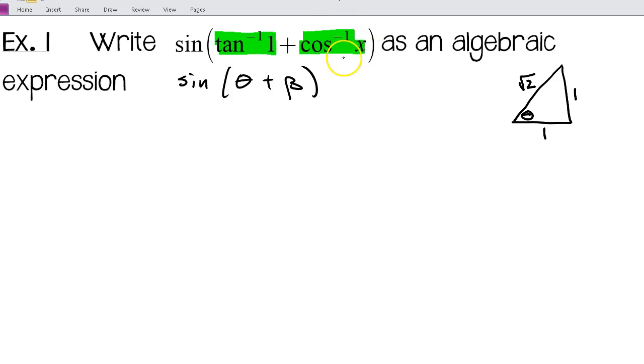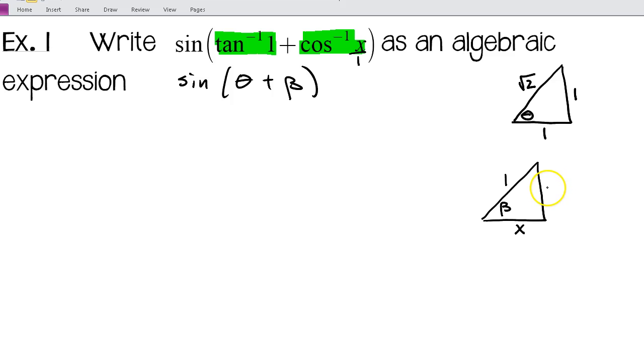Then I have another triangle over here whose cosine is x, or x over 1. This is some angle beta. The cosine of beta is x, adjacent over hypotenuse, which is 1.